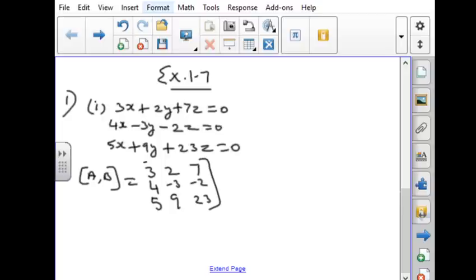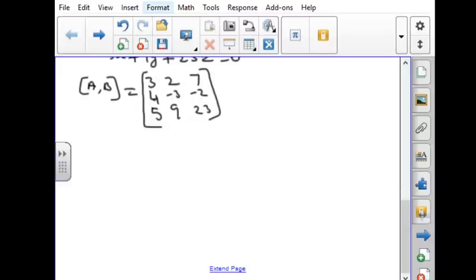Now we have to bring this to echelon form. Echelon form means it is a triangular form. So we have to make this element 0, this 0 and this 0. This is R1, R2 and R3.